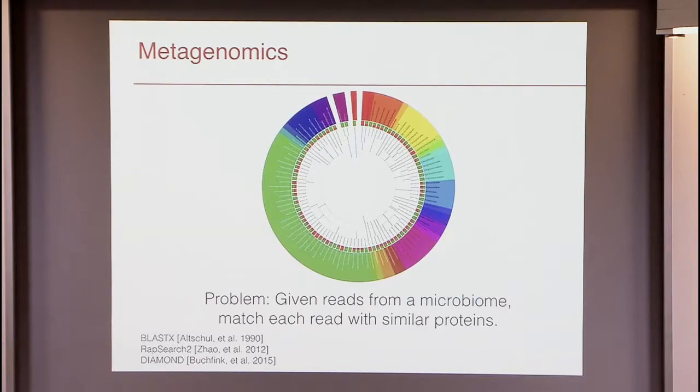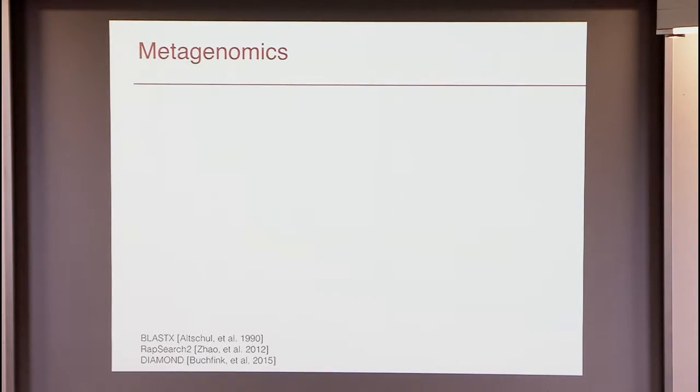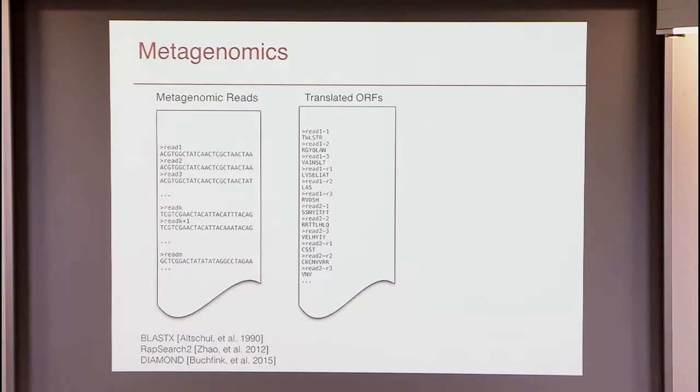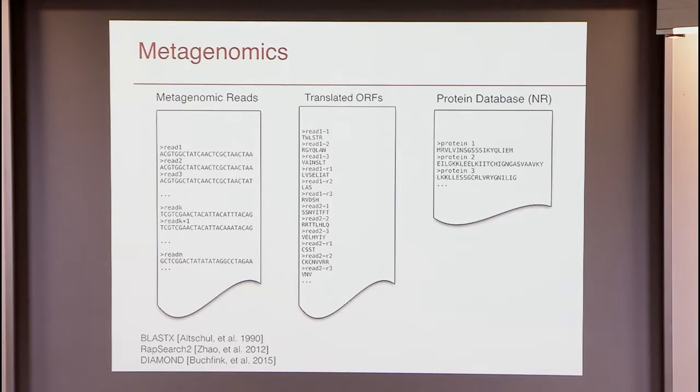We've also applied this to metagenomics, and it's really a similar problem, except given reads from a microbiome, these are nucleotide reads, we want to translate each one and match them to a protein data set. So each read is turned into a set of possible reading frames and searched against a protein database.